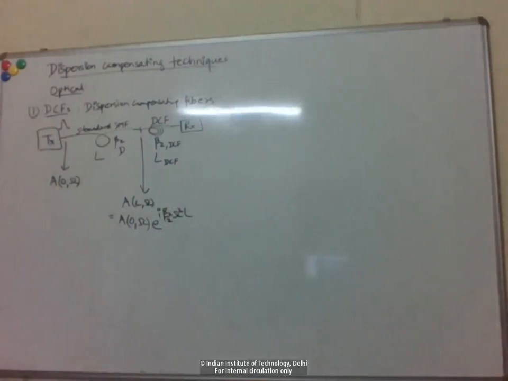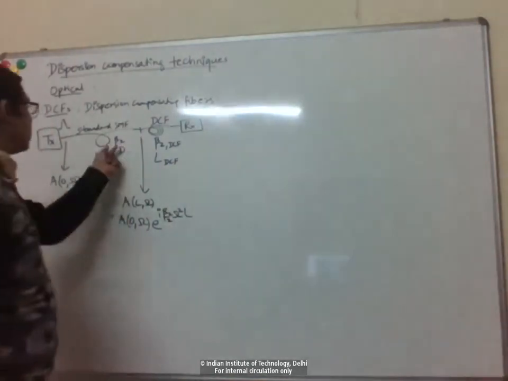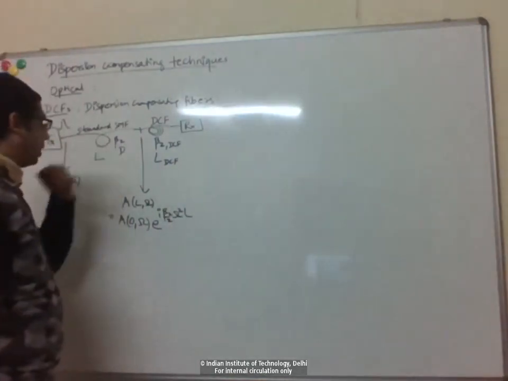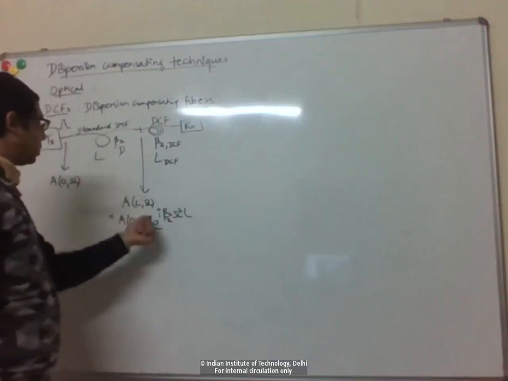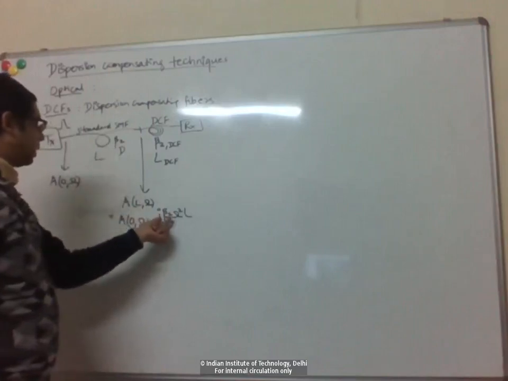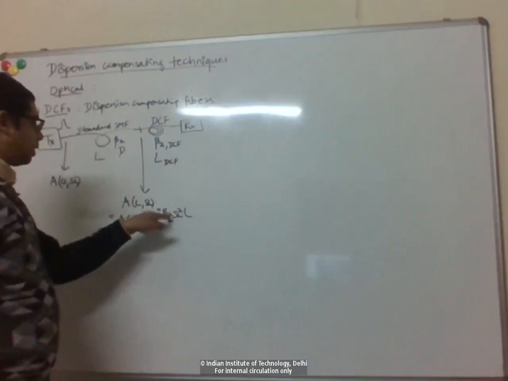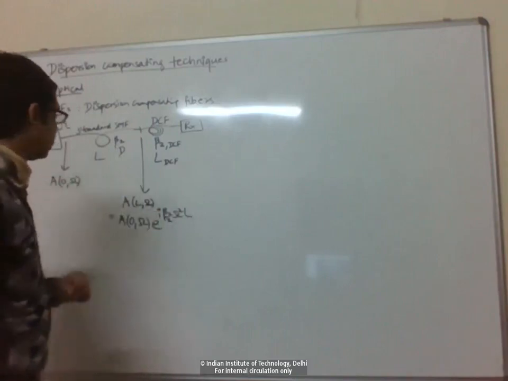So if you just consider the GVD or second order dispersion, then you just have something proportional to omega square times the length, right?